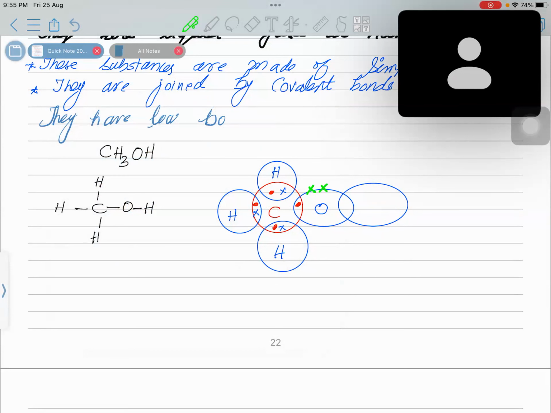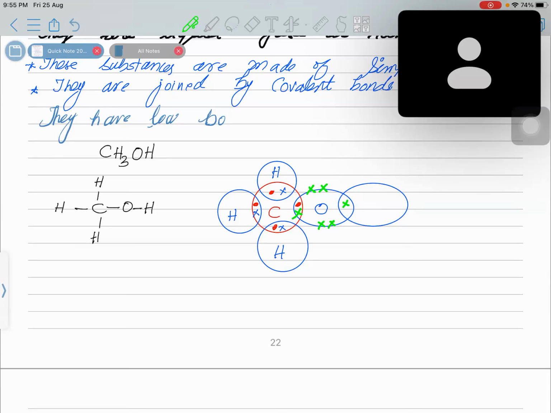These are the electrons of oxygen. So you know that oxygen has six electrons. One, two, three, four, five, six.